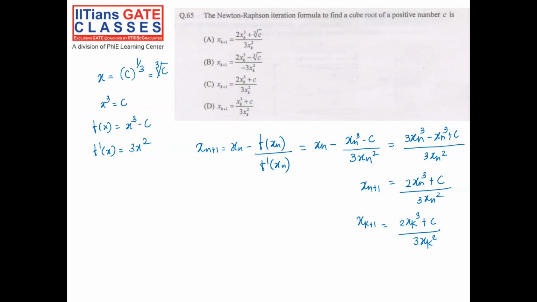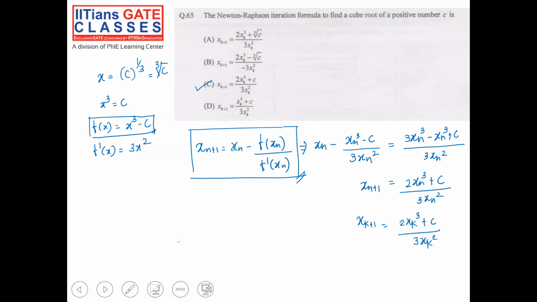And we can clearly see here it is matching with option C. So option C is correct. The major thing in this question is you should know how to create your f of x. Once you create your f of x, it's just a matter of putting it into the generalized iteration formula, xn plus 1 is equal to xn minus f of x divided by f dash of x.